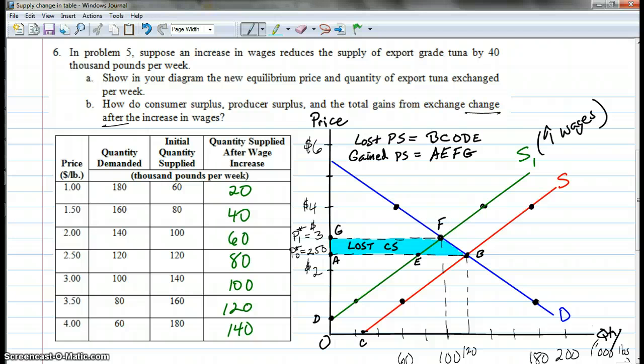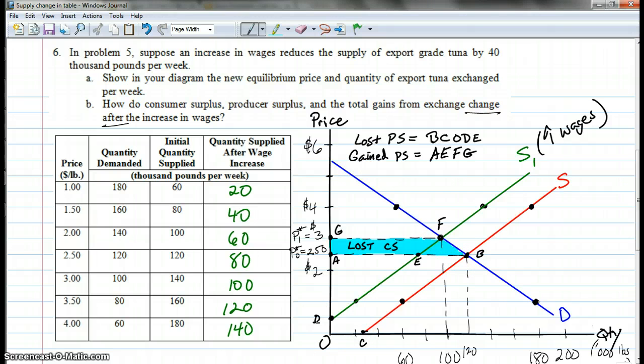Finally, how do the total gains from exchange change after the increase in wages? Well, that's just the amount by which the wedge has declined. So the original gains from exchange were simply from this point here at $5 out to point B and down to C. That was the wedge.